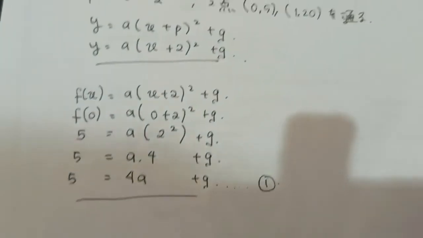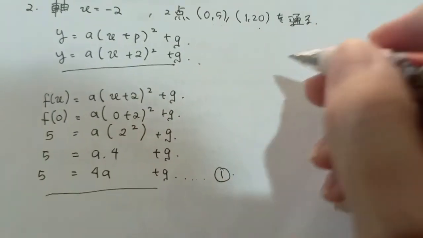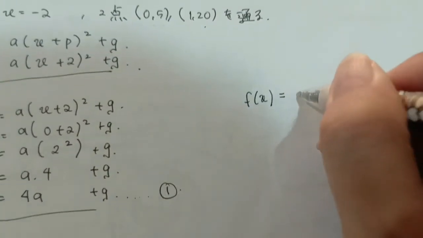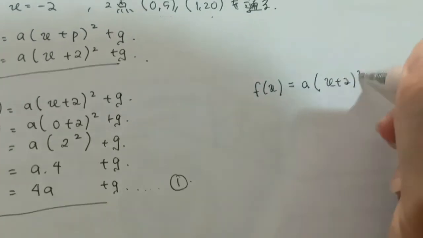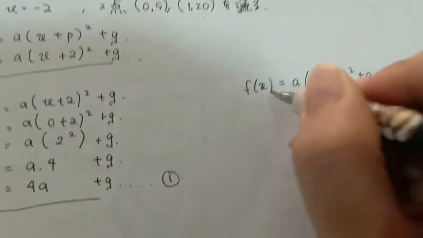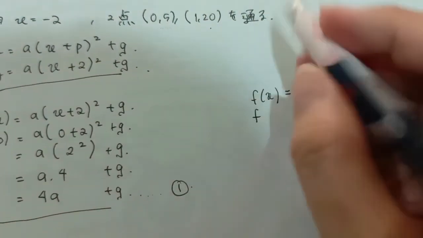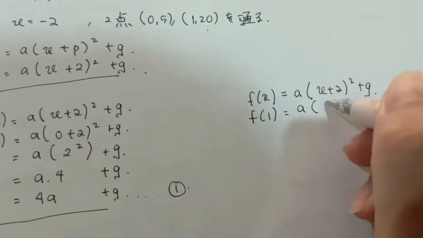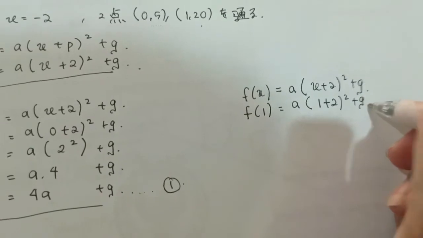Now we are using the second one. Start again with f(x). f(x) is a(x + 2)² + q. We are using this one, x is 1: a(1 + 2)² + q.